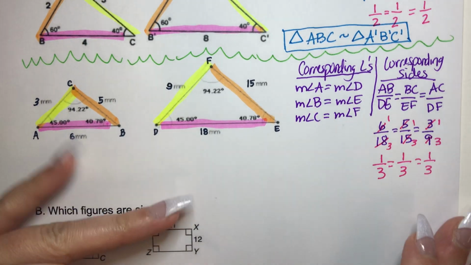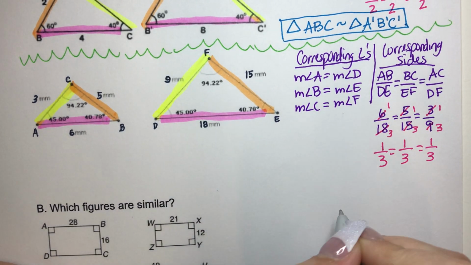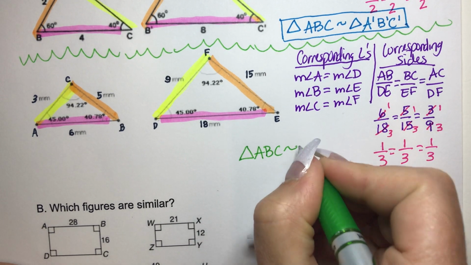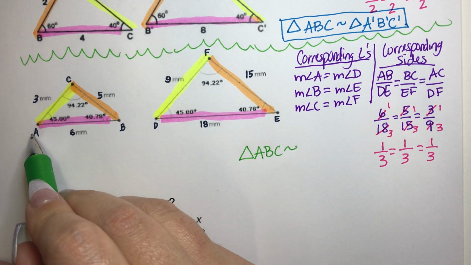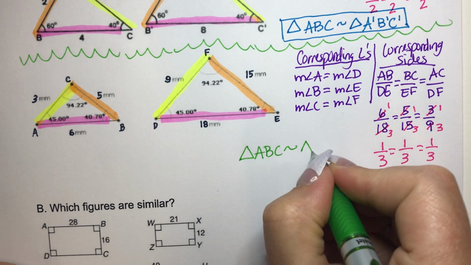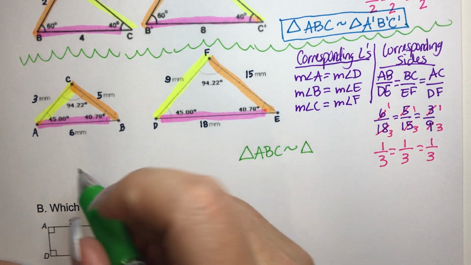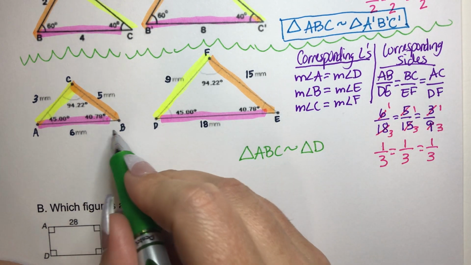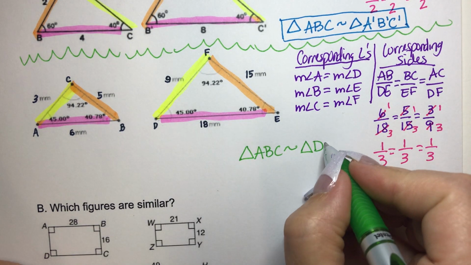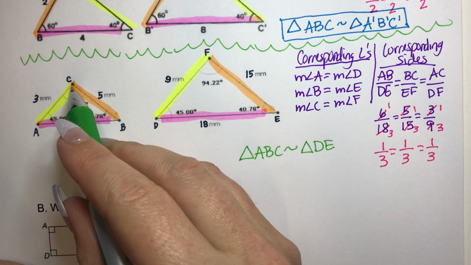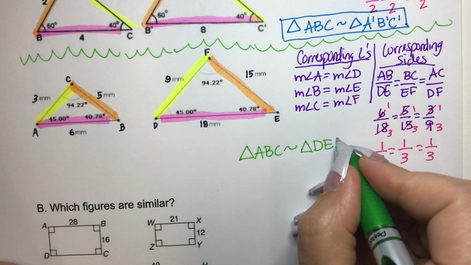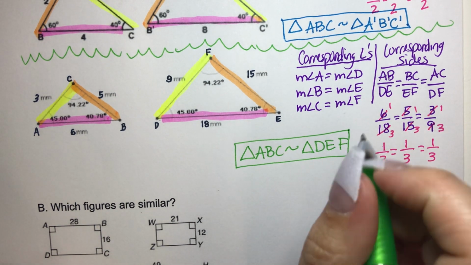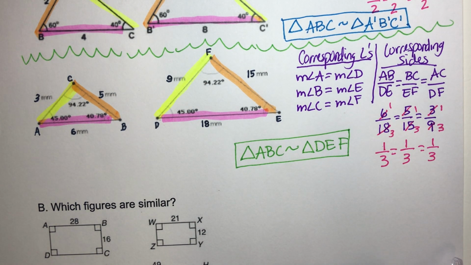And then down here, we have triangle ABC is similar to triangle, and then we have to have the angles match up. So A is with D, and B, 40.78, is with E, and lastly, C is with F. And there we have it. Those two triangles are similar.